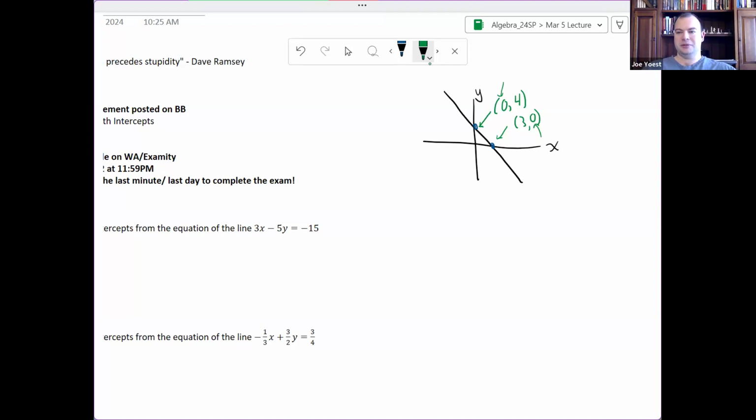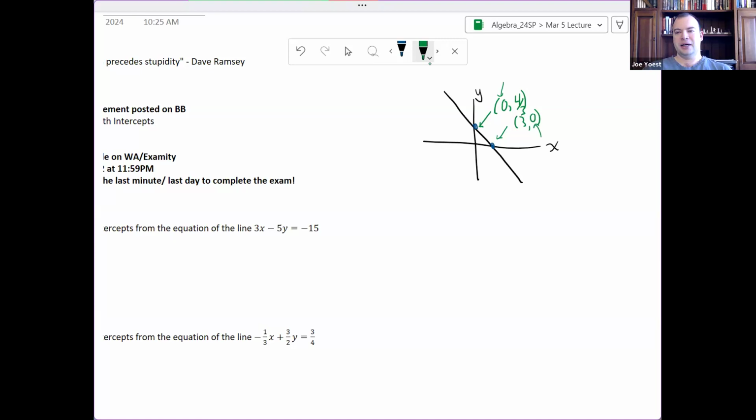Now, of course, we could have gotten, say, 0, 4/3 as the Y-intercept. And that might not be a point that we'd want to graph. It might be kind of annoying to find that to make the point sit there on the WebAssign graphing tool.